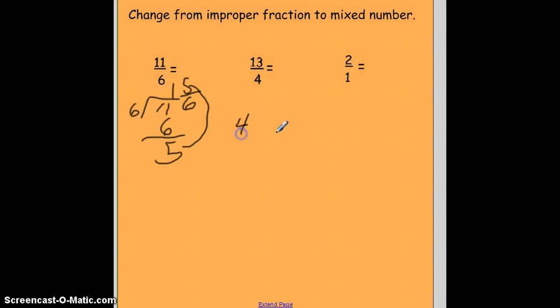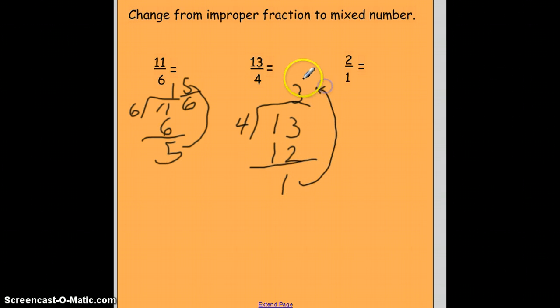So we take our 4, we divide it into 13. Now 4 will go into 13 3 times, and 3 times 4 is 12. 13 minus 12 leaves us 1 left over. What's left over becomes your numerator.